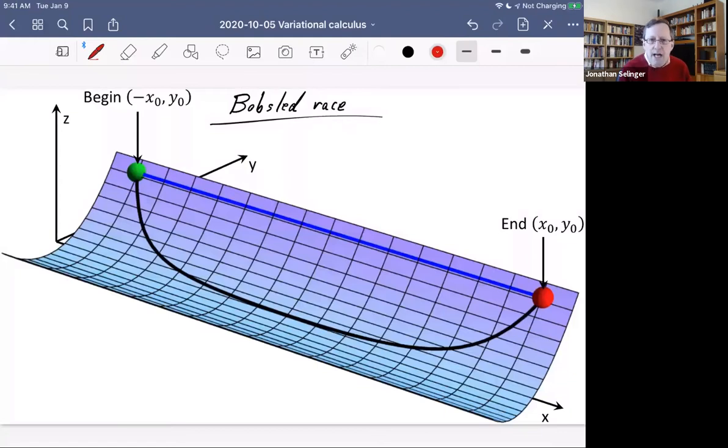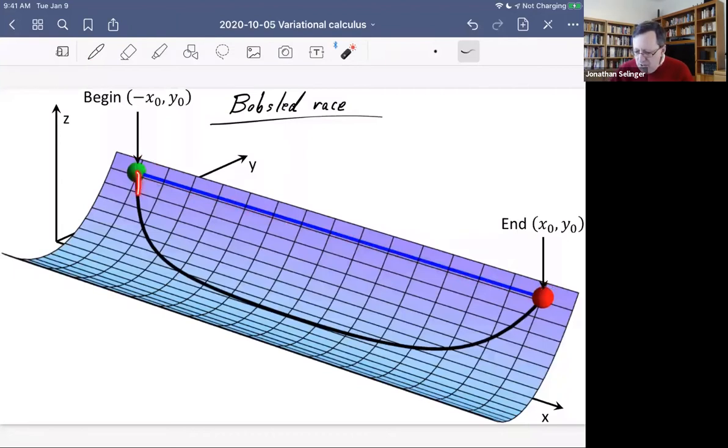And so I made up this cute little example of a bobsled race where someone is trying to get from the beginning point to the ending point as quickly as possible. And there are different considerations. So you might want to take the shortest possible distance, like that.